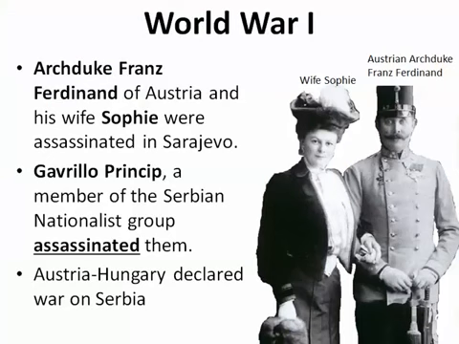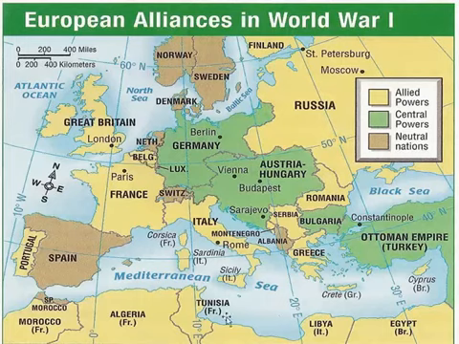And that happened when the Austrian Archduke Franz Ferdinand and his wife Sophie were visiting Sarajevo. And Sarajevo is the capital of Bosnia.